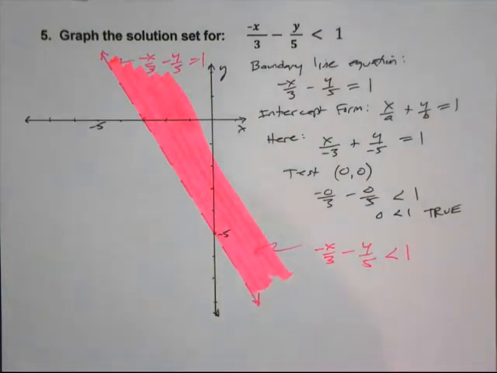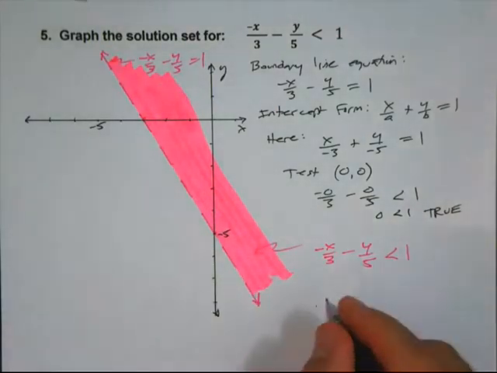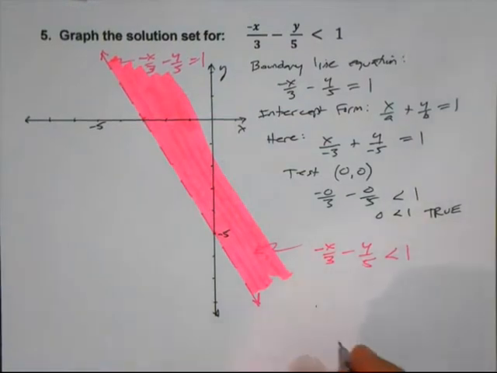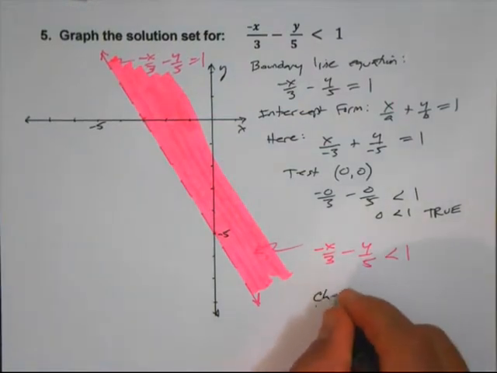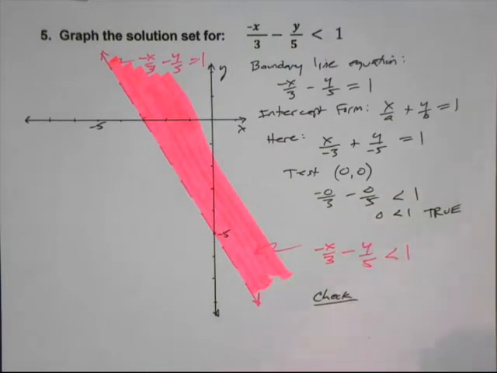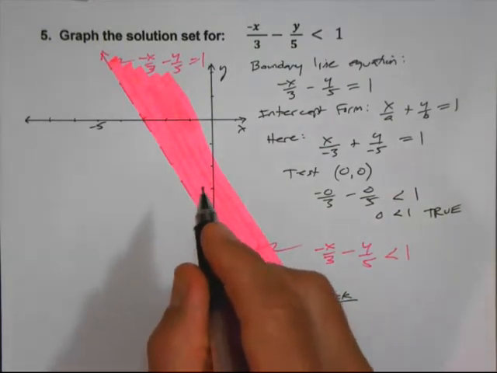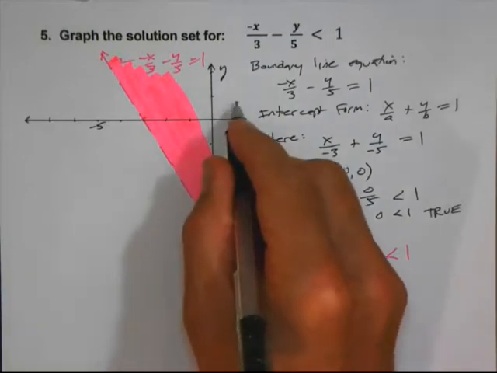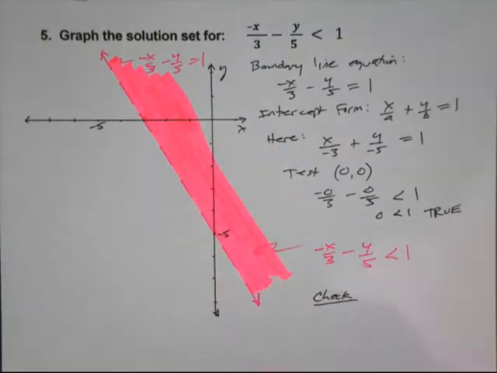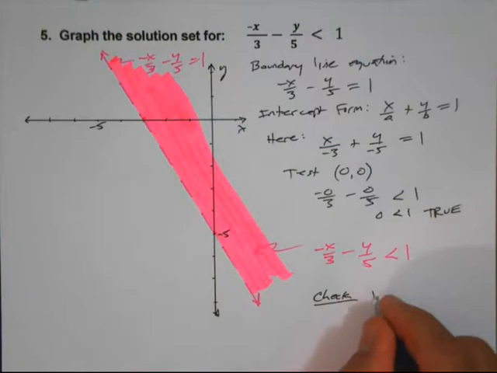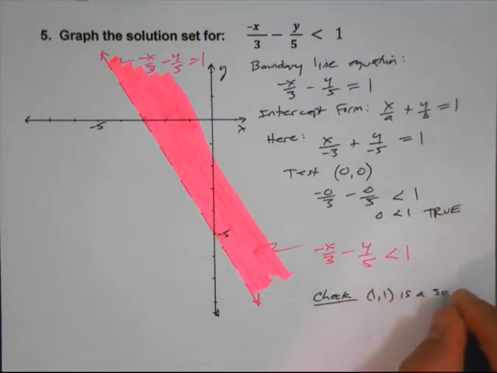Okay, and the last thing we can do here is check over our work. Alright, let's see. For example, (1, 1) would be in the shaded region. So that means (1, 1) is a solution.